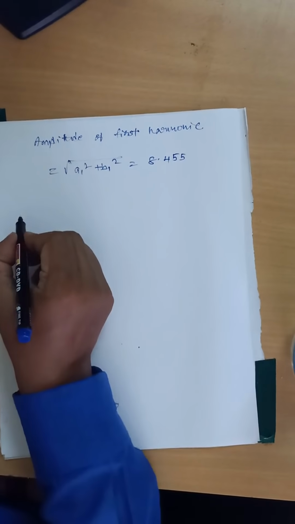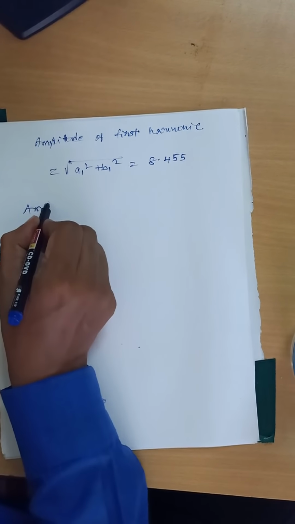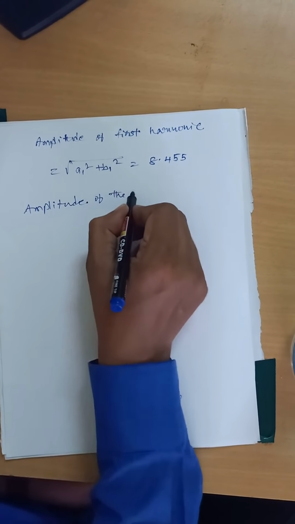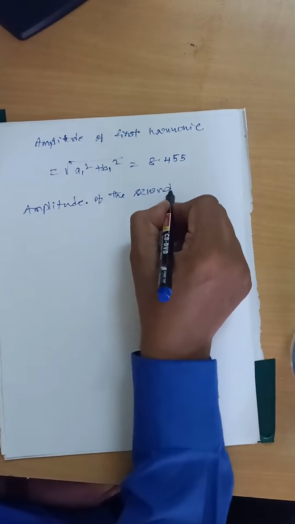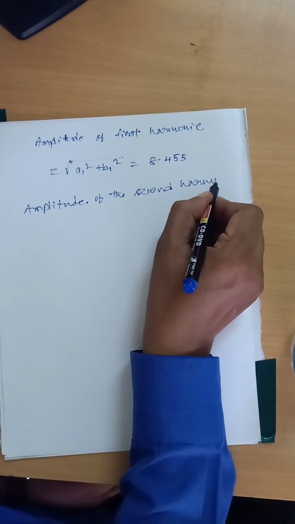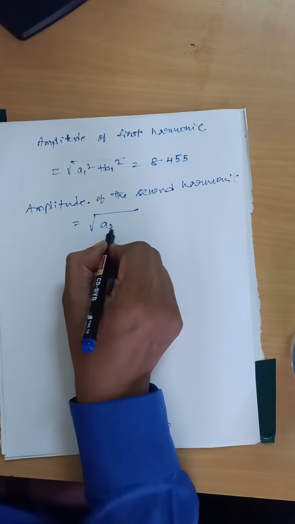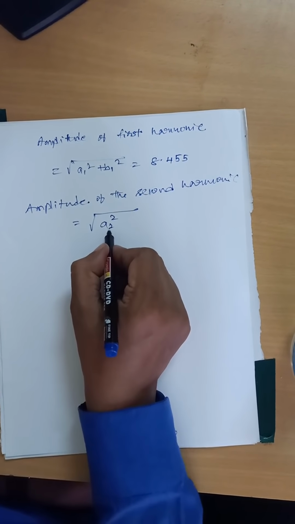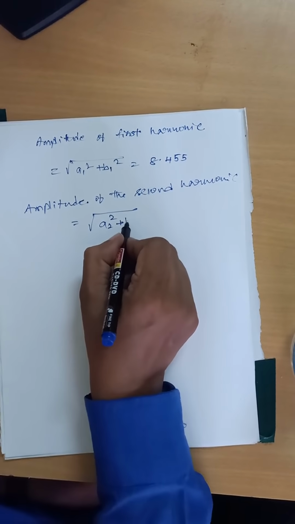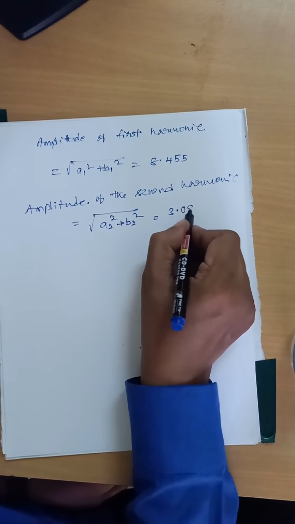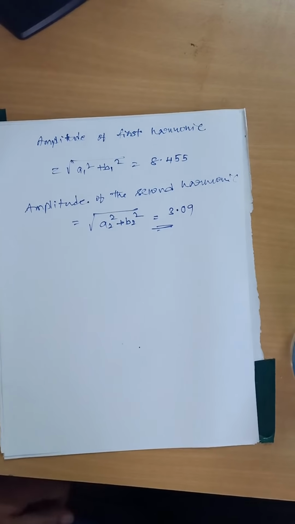Important problem. Next, the amplitude of the second harmonic is equal to the square root of A2 squared plus B2 squared, where suffix 2 means second harmonic. After calculating you will get 3.09. An important type, one question from this method.